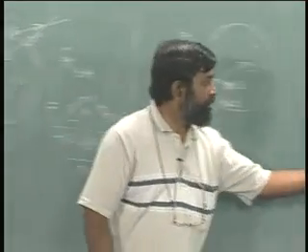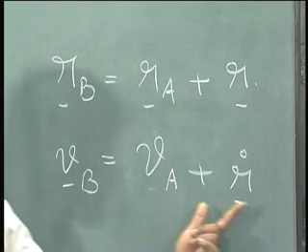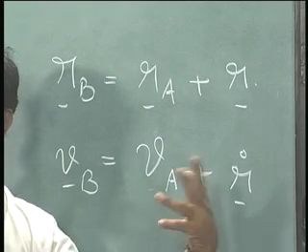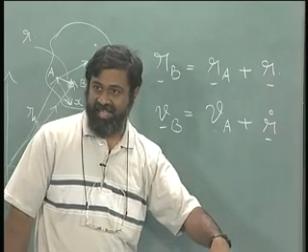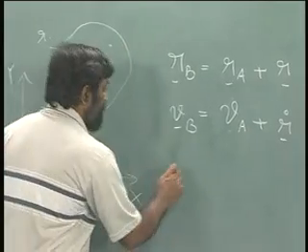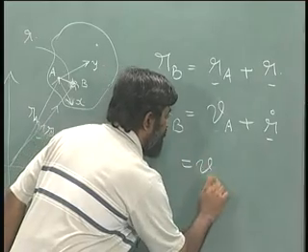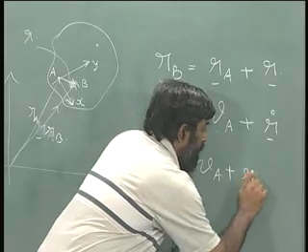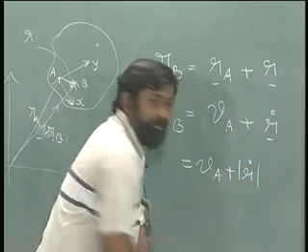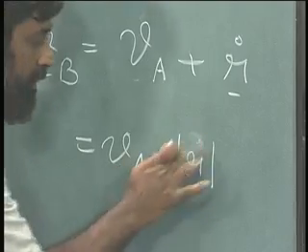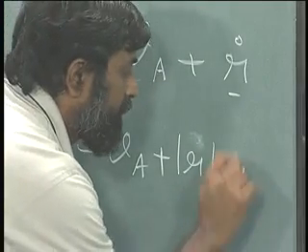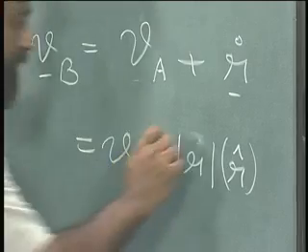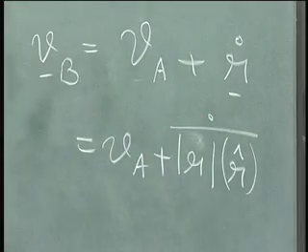Now, we have an R dot. Remember, this has a magnitude and a direction. So, I have V A plus R dot, the magnitude of R times the direction, the entire thing differentiated.